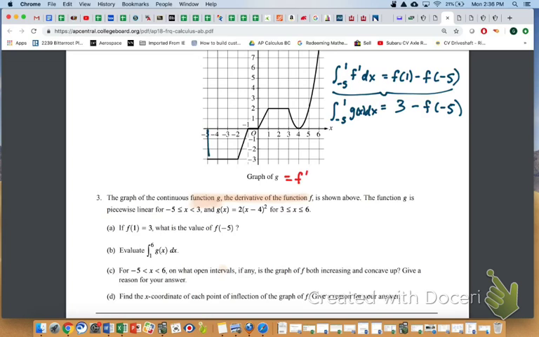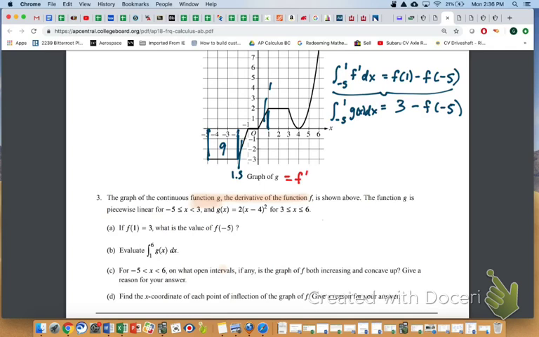So then I would say integral from negative 5 to 1. This is a lovely square, right? It's 3 by 3, isn't it? 1, 2, 3, 1, 2, 3. So 9. This is a lovely triangle. It's 1 by 3, so that would be 1.5. This is a lovely triangle also, but it's 1 by 2, so area of 1.